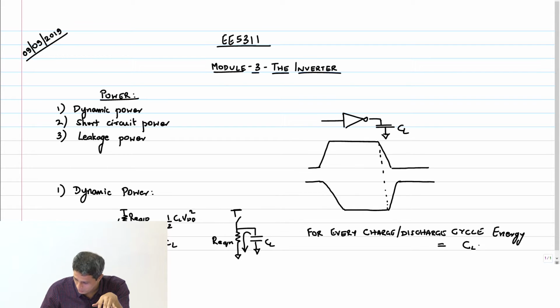CL into VDD squared, right? Of course, this is going to be in joules because this is energy, right? Now what we are talking about is dynamic power. Okay, when we say dynamic power, it is only the power that is dissipated because of charging and discharging that load capacitor, including its own capacitance actually, right? That total capacitor, that's the power that we are referring to in dynamic power.